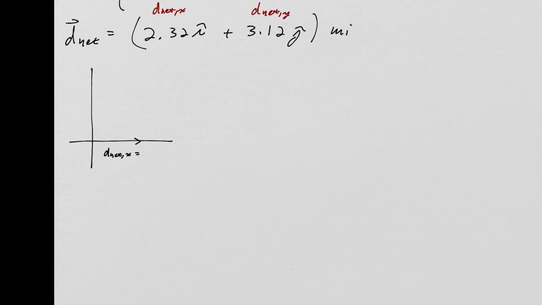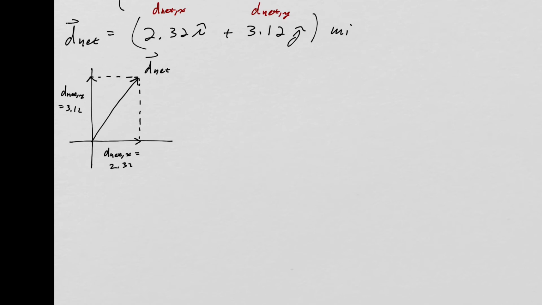That's like 2.32 positive, so it's to the right. And this is like D net y. And that turns out to be 3.12. So that's positive, it's up. So that means my net displacement vector is in the first quadrant. It's got to be this vector. That's D net.